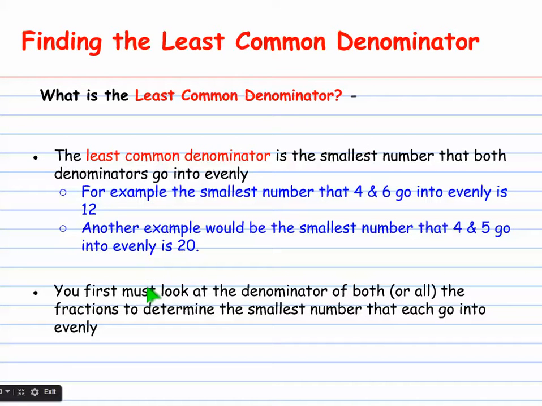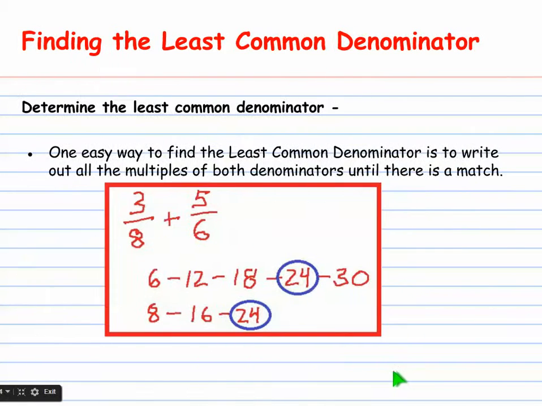The first thing you do when finding the least common denominator is to look at the denominators and determine that number. One easy way to do this is to look at the denominators and write down their multiples. For some reason I have this backwards, the 6 first, it doesn't matter.